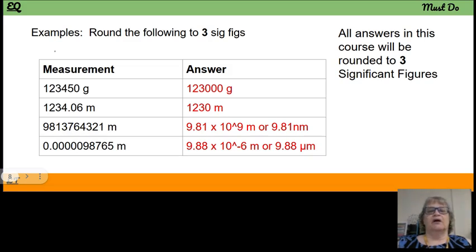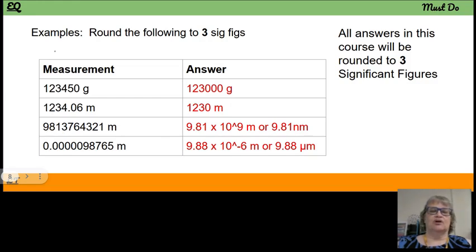But since it's such a long number, it might be easier to put it into scientific notation. So 981, and then 1, 2, 3, 4, 5, 6, 7 zeros. Then if we change that into scientific notation, the decimal point goes from here to here, right?